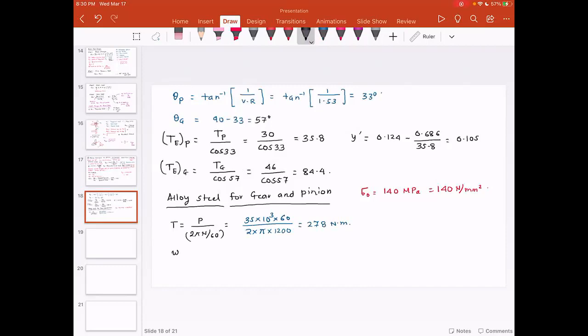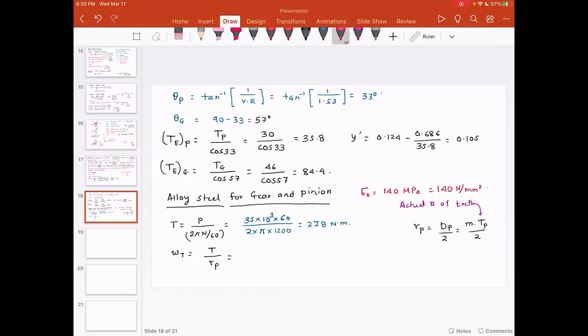Then I get the tangential load, WT is equal to T divided by the radius of the pinion. And since we don't know the radius of the pinion, but we know radius of the pinion is diameter of the pinion divided by 2. Diameter of the pinion is module multiplied by number of teeth on pinion. But please note, these are not equivalent number of teeth. These are the actual number of teeth.